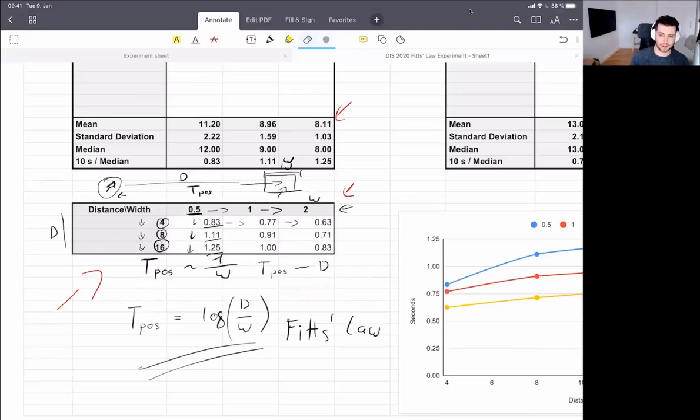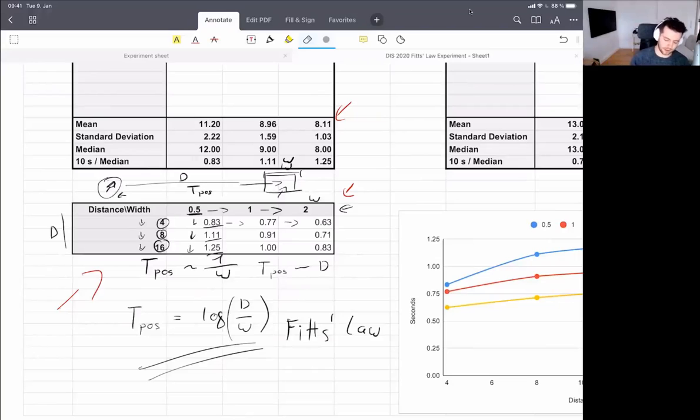Also, Fitts derived this formula experimentally. He basically took humans, let them press a button several times, tracked the time they took to press this button, and put this in a sheet and saw how it fits.